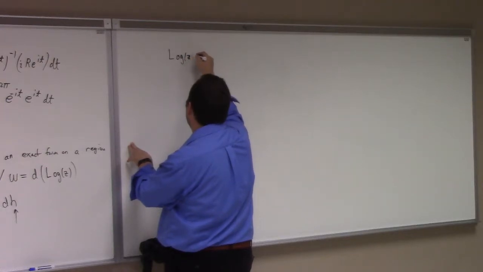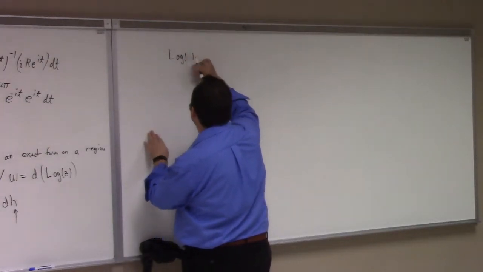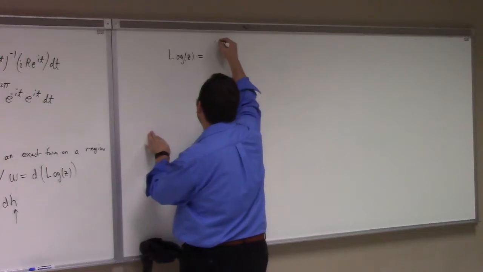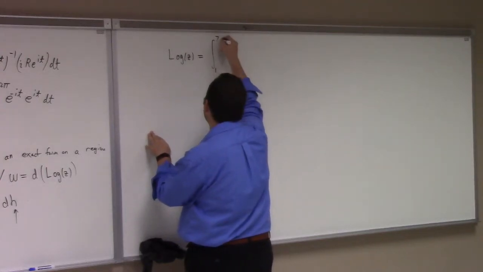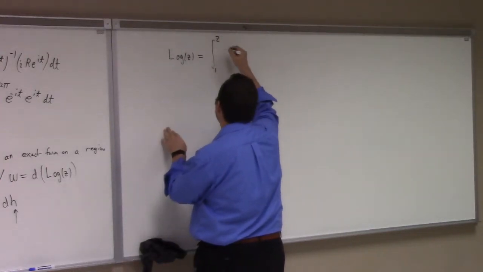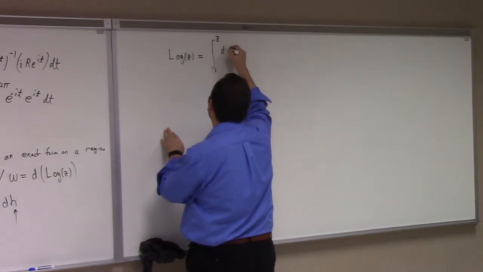log of z. An alternate definition for log z is the integral from 1 to z of, well, I probably should not use z up here, I'd say dw over w.